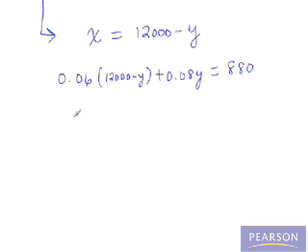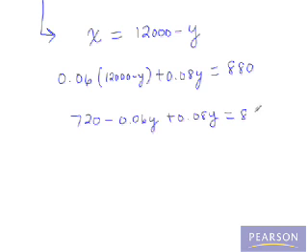0.06 times 12,000, 720. 0.06 times negative y is a negative 0.06y. We have a positive 0.08y, and we have an 880 on the right hand side.